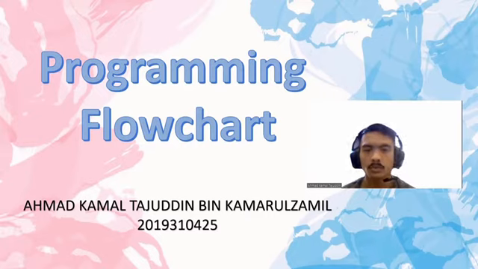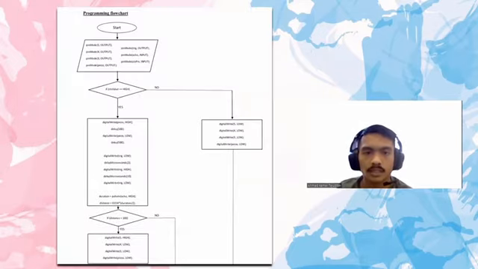So, I'm going to continue presenting our parts on the title of Programming Flowcharts. As you can see from the left of the screen, the programming flowchart starts with the start function, and then the arrow goes to the input and output functions, where we have 5 outputs and 2 inputs.